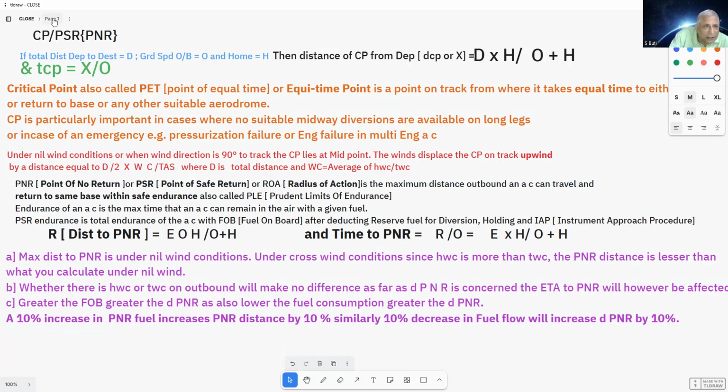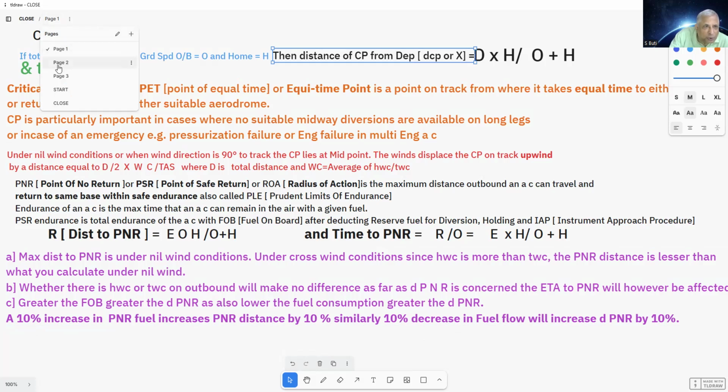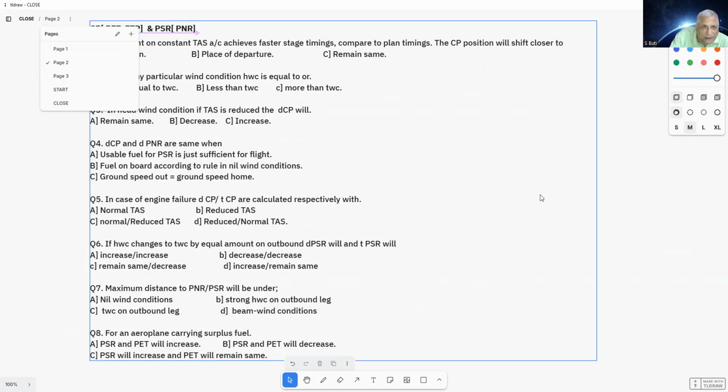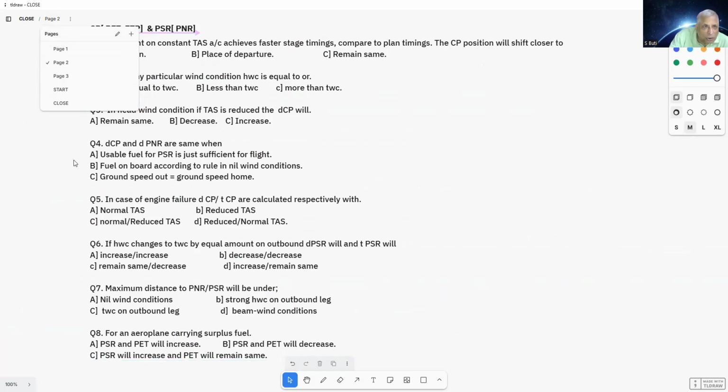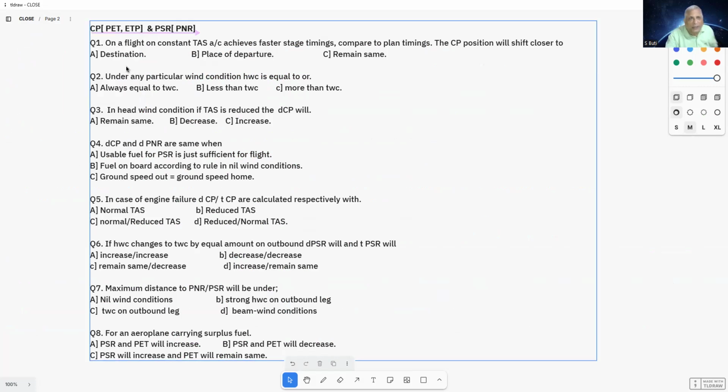And let's go to the expected questions or most often asked questions from the topic critical point, PNR, PSR. Here are the 8 questions which I have given you. DCP is distance of critical point. TCP is time to critical point.